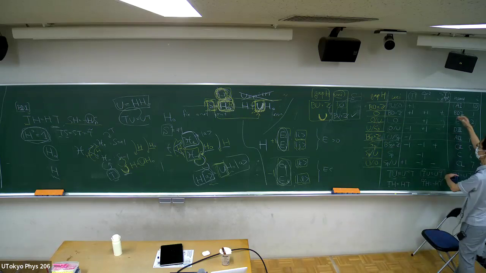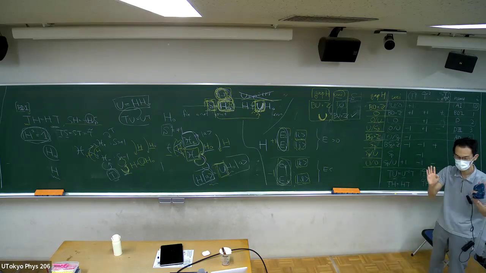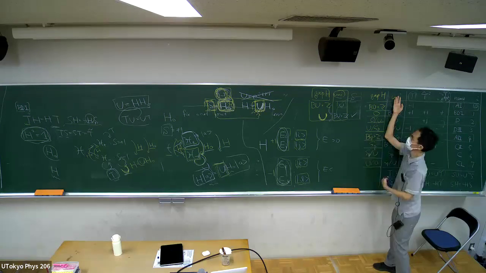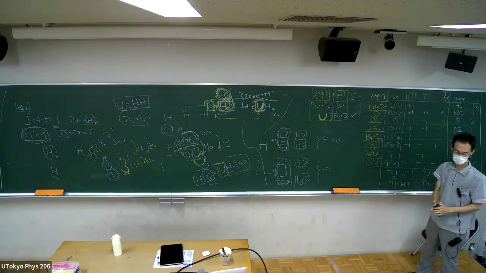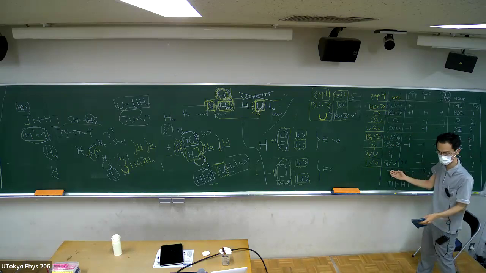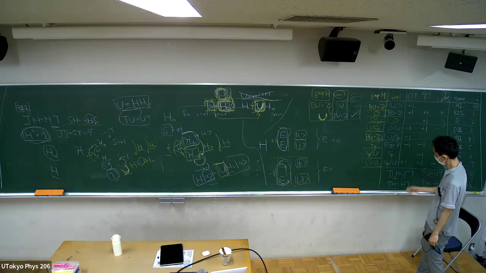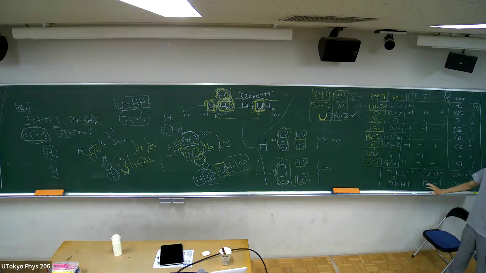But the naming system, if the history of physics is different on this planet, people might have discussed this first and related this to Cartan classification, right? Then people could have named this as BDI and this as D, etc. That didn't happen. Altland and Zirnbauer somehow considered unitary operators. That already is weird. Even in Altland and Zirnbauer's paper, they mostly talked about H's. But for them, it doesn't have to be gapped.